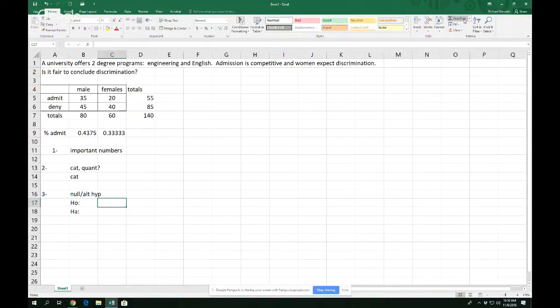Oh, what is another rule? It's usually not stated in the problem. We'll keep that rule. It's another rule. It's always about the population. We'll keep that rule. What's the 4th rule?